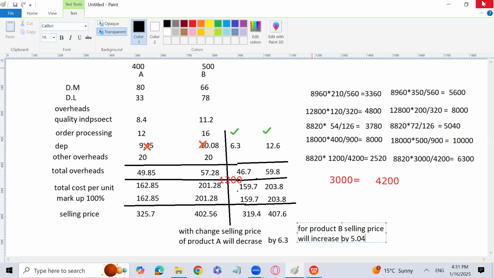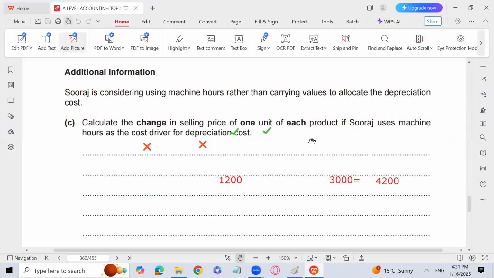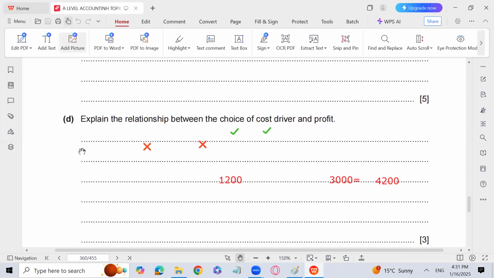Okay, so let's see the next part in the question. Explain the relationship between the choice of cost driver and profit. Actually, the choice of cost driver depends on the activities consumed. Whatever the cost driver, overheads are allocated according to the cost drivers, that is, according to the activities consumed by each cost driver. Secondly, overall profit will not change.